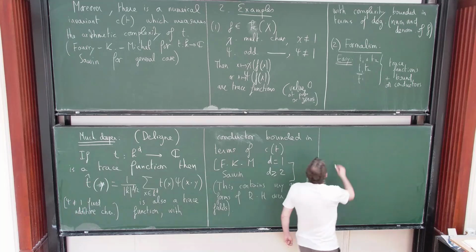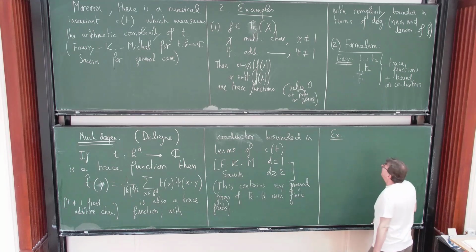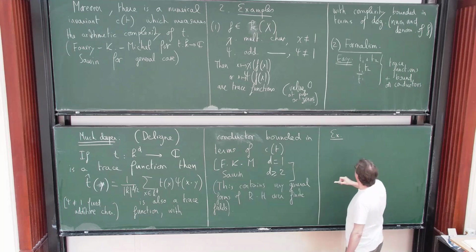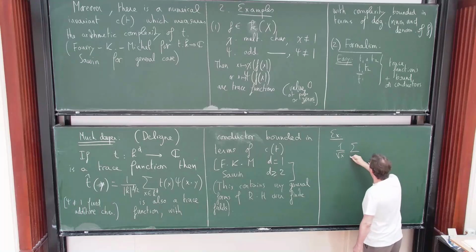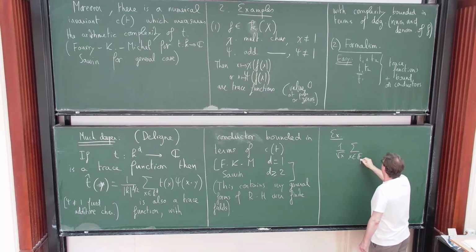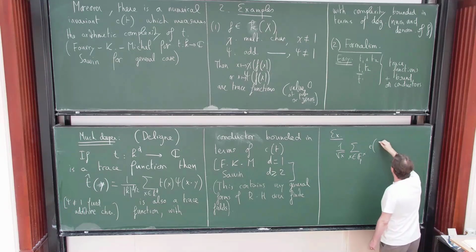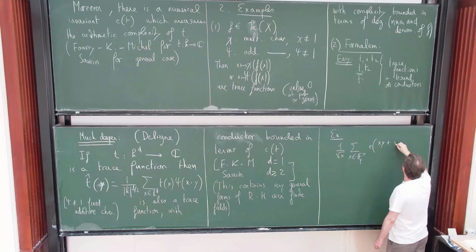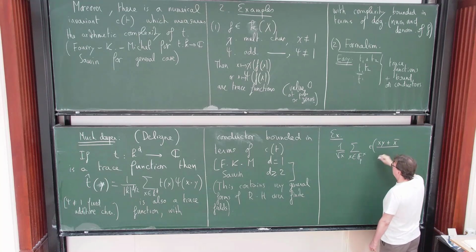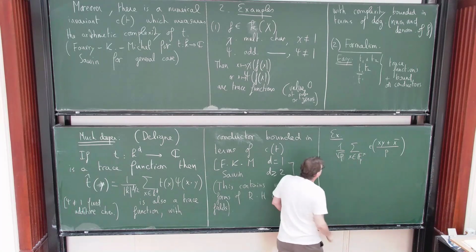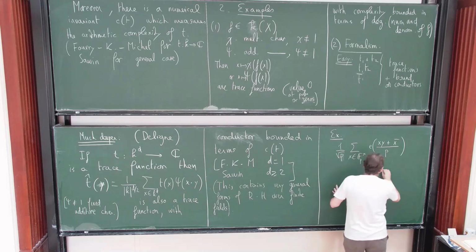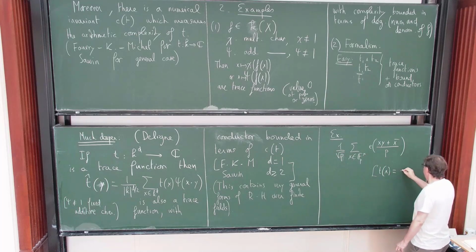So, as an example, let's take one of these basic things and compute the discrete Fourier transform. And what you will get would be something like this, for instance. I take k to be F_p, the usual additive character, and I take the Fourier transform, with normalization square root of p. So what I've done here, I've taken the trace function t of x to be e of 1 over x over p.